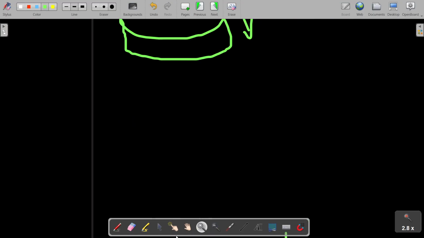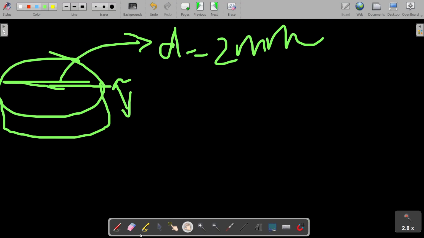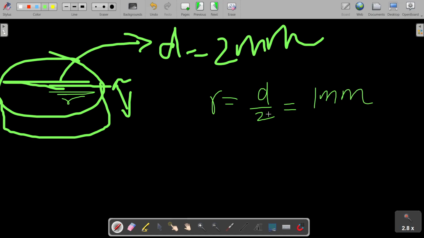So let me find out the radius. Zoom in to write clearly. So the radius is diameter over 2, half of the diameter. So it becomes 1 millimeter.